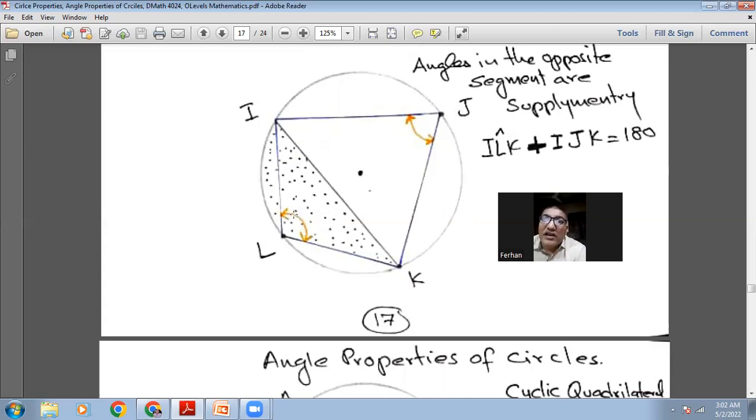This angle and this angle are both angles subtended by the same chord at the circumference, but they are in the opposite segments. So their sum will be 180. They will be supplementary to each other. So the angle ILK plus the angle IJK equals 180. Because they are supplementary to each other, angles in the opposite segment are supplementary.